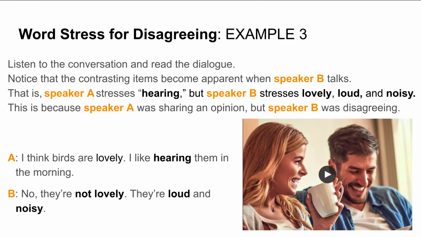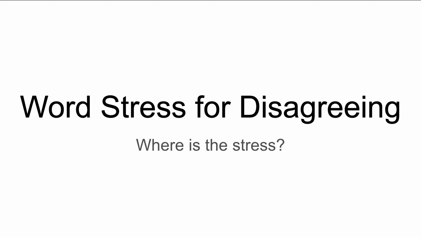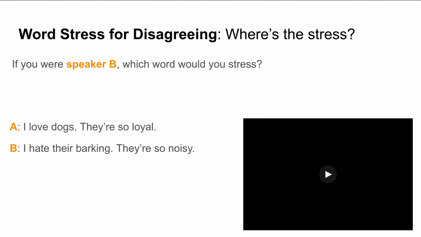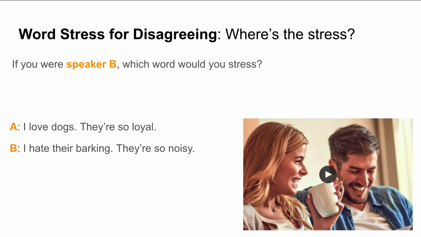Let's move on now. Okay, here we're going to play a little bit of a game. I want you to listen for word stress for disagreeing, but before you listen, I want you to guess where this stress will fall. Okay, so if you were speaker B, which word would you stress? So read this dialogue.